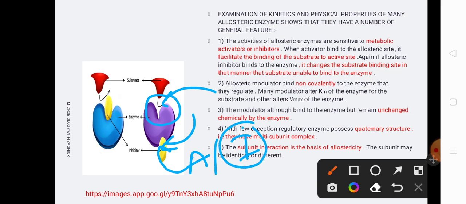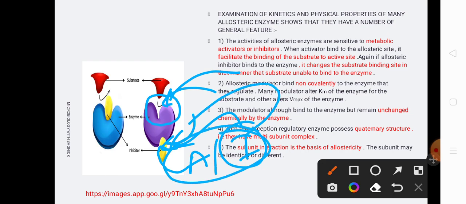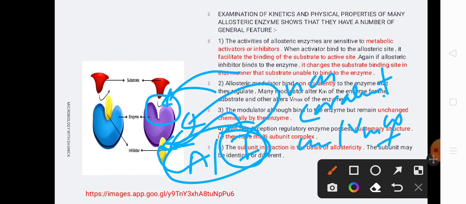Similarly, if an inhibitor comes and binds, it will change the substrate binding site in such a way that the substrate cannot bind, right? Now, those types of regulators will bind with the regulatory site via non-covalent interaction, and they mainly target the Km and Vmax of the enzyme. Not only that, those regulators will remain unchanged by the enzyme, especially chemically.